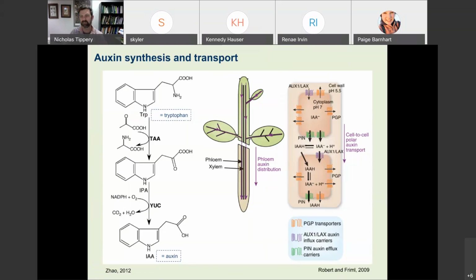These are transport proteins responsible for transporting the auxin hormone in one direction, away from one place toward other places in the shoot tip. So making it is important, as is getting it around in the cell, in between different cells.